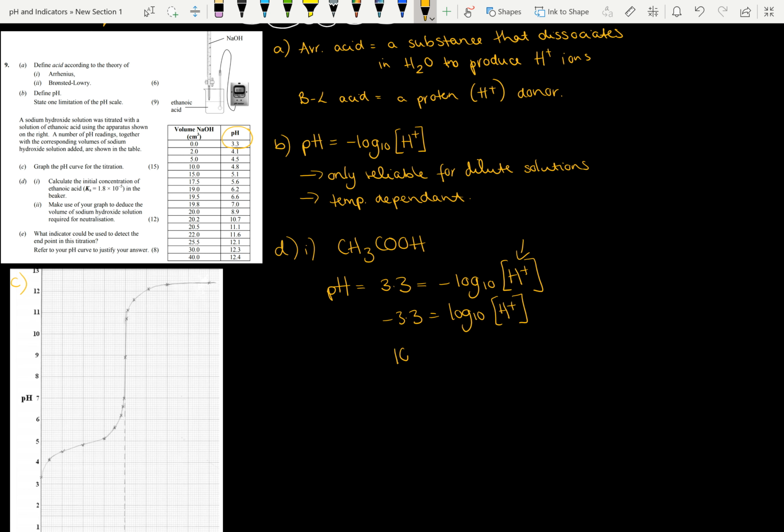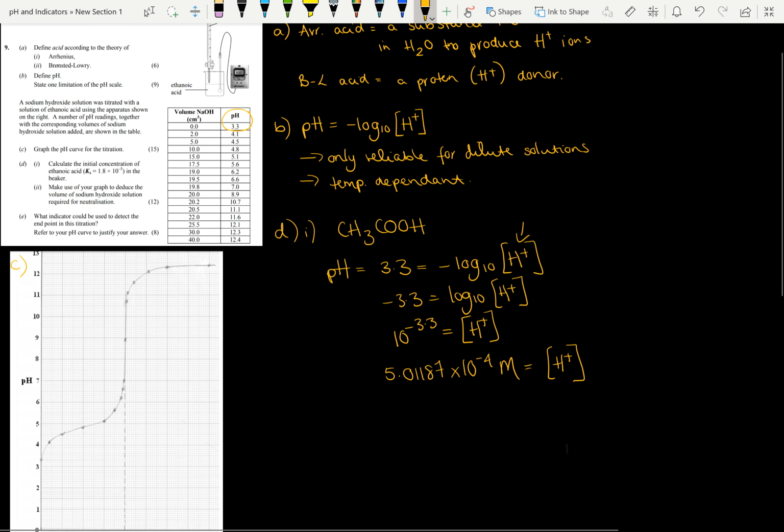So then I'll take the inverse of the log, so it's 10 to the minus 3.3 is equal to the hydrogen ion concentration, which is equal to 5.01187 by 10 to the minus 4 moles per litre. So that's my hydrogen ion concentration.